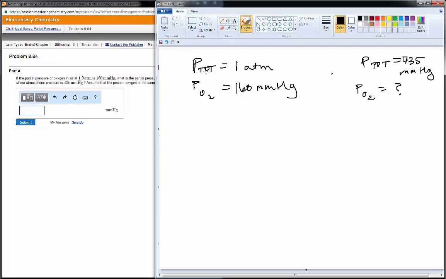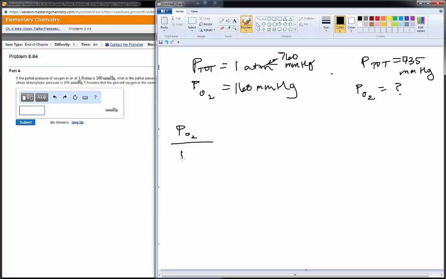And the key here is to recognize that oxygen is going to occupy the same percentage of air, so it's going to have the same fraction of the pressure. But this was given in atmospheres, and this is given in millimeters mercury, so we need to convert that to 760 millimeters of mercury.